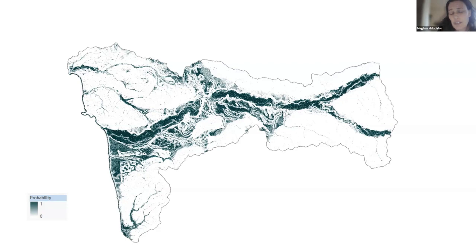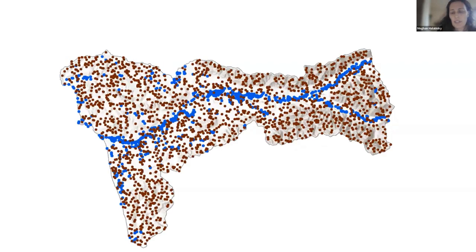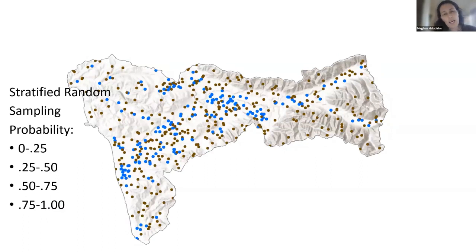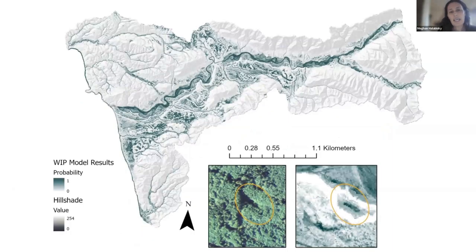This is our initial output, and then we further sampled across that, labeling these points as wetland and non-wetland or upland, and rerunning the model to get a more refined data set of wetland probability.